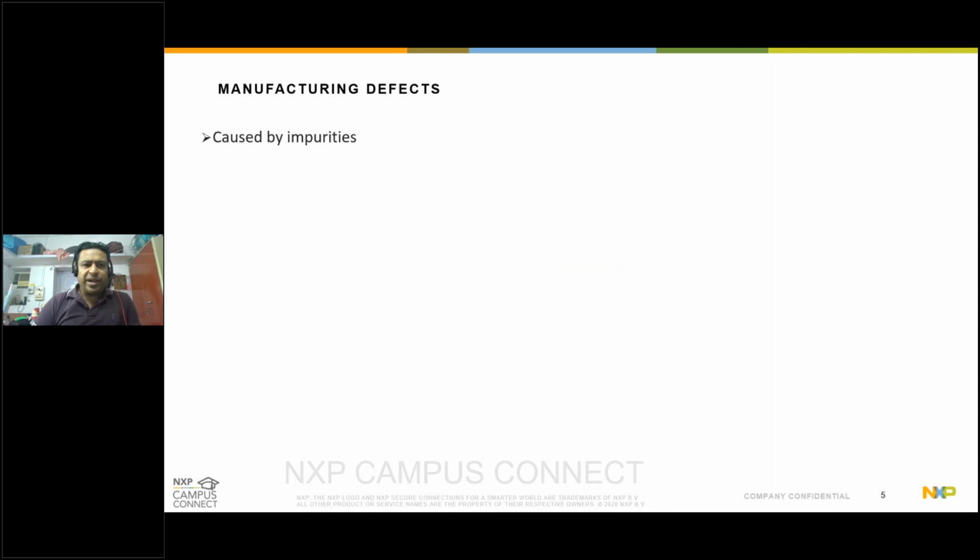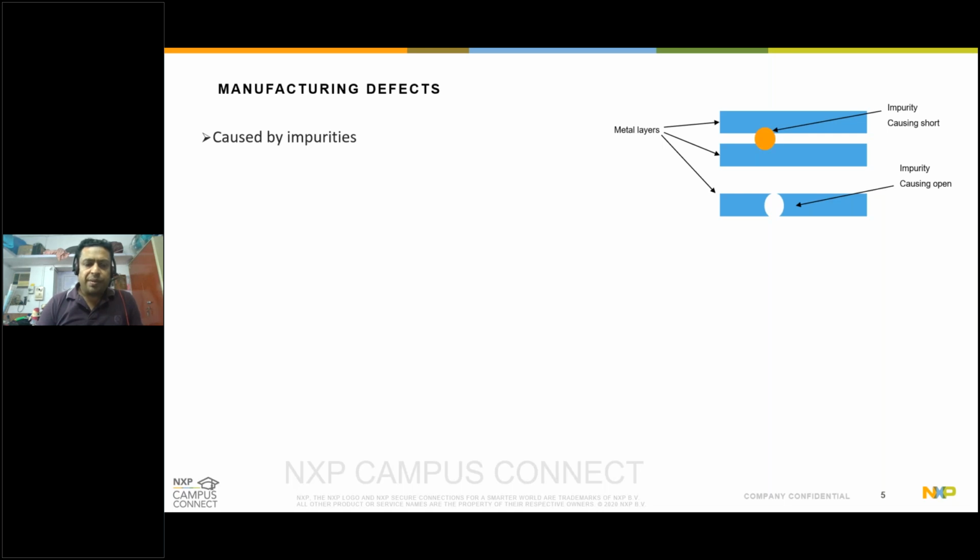Now let's try to understand what causes manufacturing defects. Manufacturing defects are generally caused by impurities. These impurities can be present in the environment itself, like dust particles, or in the material that is being used to manufacture the chip, like your silicon wafer or the doping material.